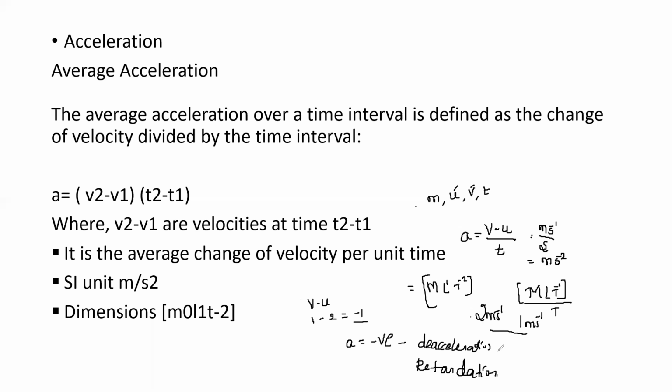So average acceleration is nothing but what? It is the total change in the velocity divided by the total time taken. Is it clear?